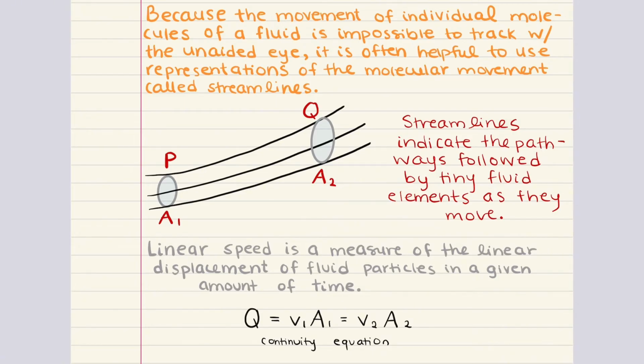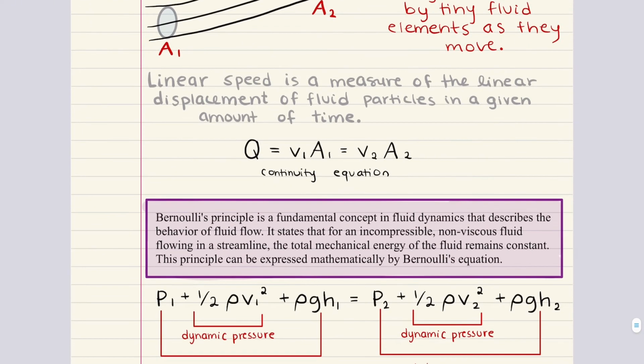To further understand fluid flow, we want to turn our attention to the continuity equation. This is derived from the principle of conservation of mass, and it helps us quantify how fluid moves through different sections of a pipe or channel, ensuring that the mass flow rate remains constant.